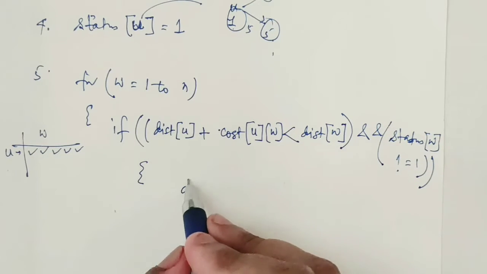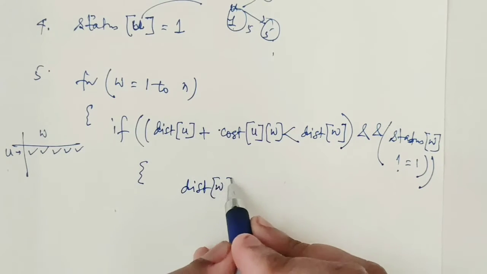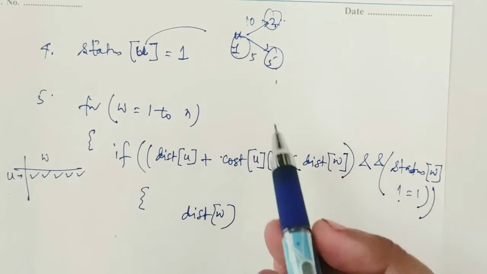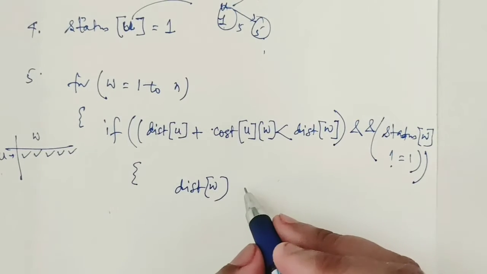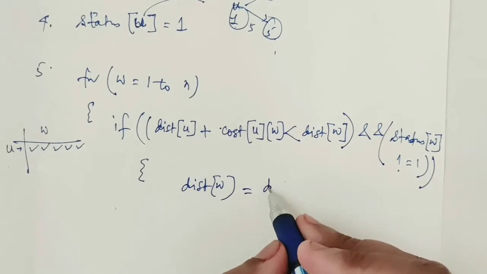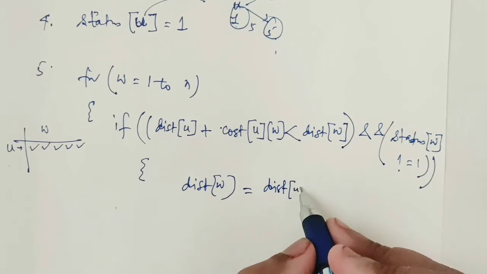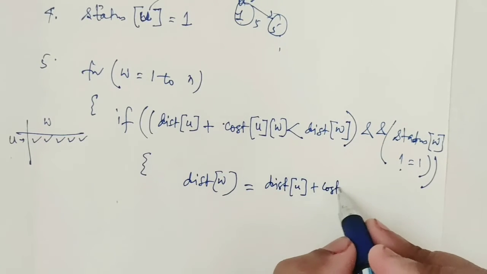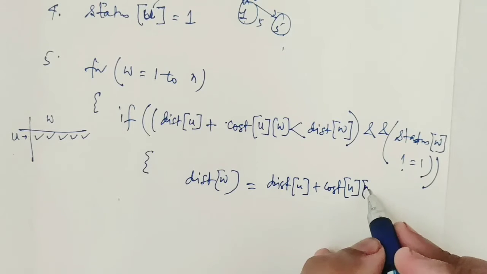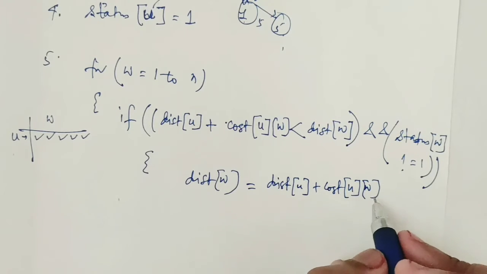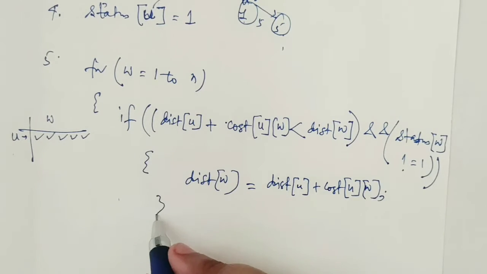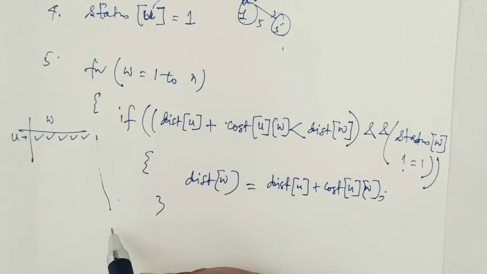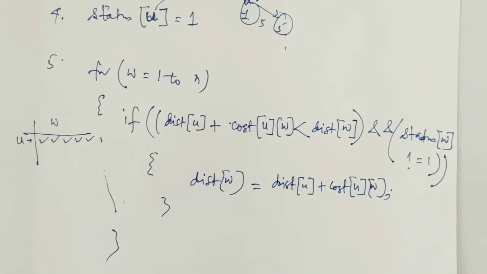Then dist of W, this one or this one, will get the new cost. Dist of W equals dist of U plus cost of U to W, that is the formula of relaxation. So relaxation is done, with respect to W equals 1 to n, complete.